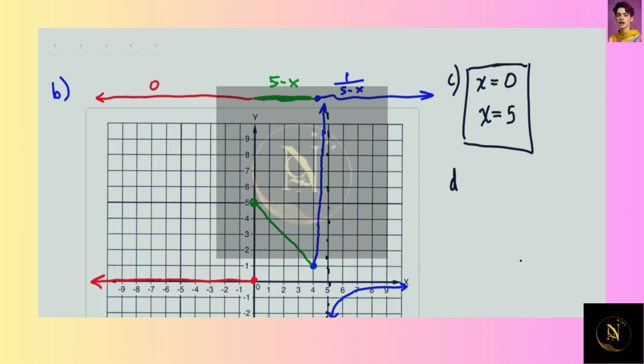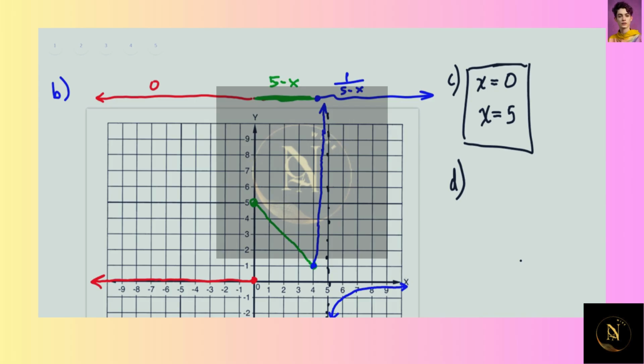And finally, part D. Where is f not differentiable? Well, we can see most of the graph certainly is differentiable. When x is less than or equal to 0, our function is simply f of x equals 0. That is differentiable. It has a derivative of 0 everywhere here.